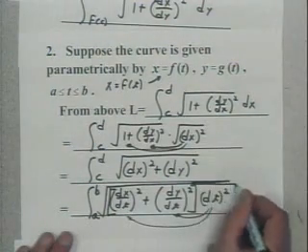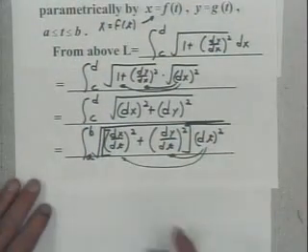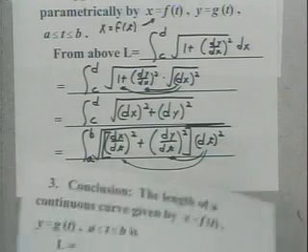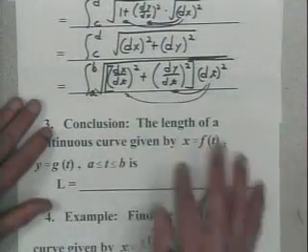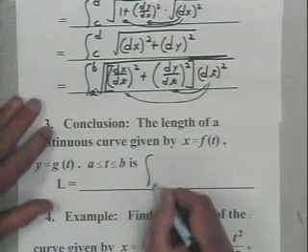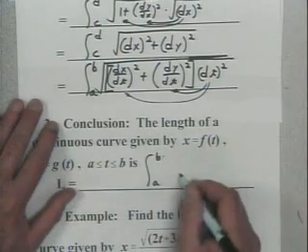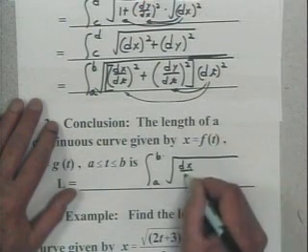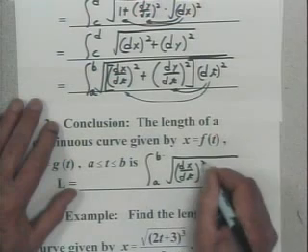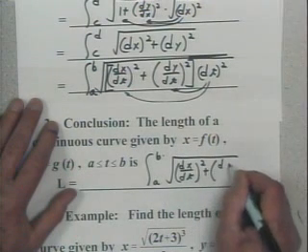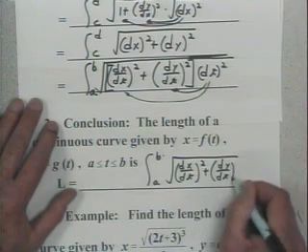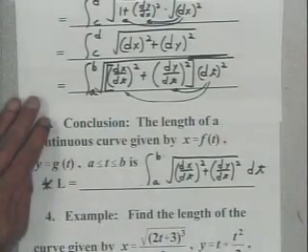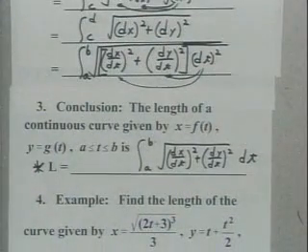This is still under the radical. So this takes me to the final answer. If I fix that up, I get the integral from a to b of the square root of dx over dt squared plus dy over dt squared, and then dt. Official formula for arc length given parametrically.